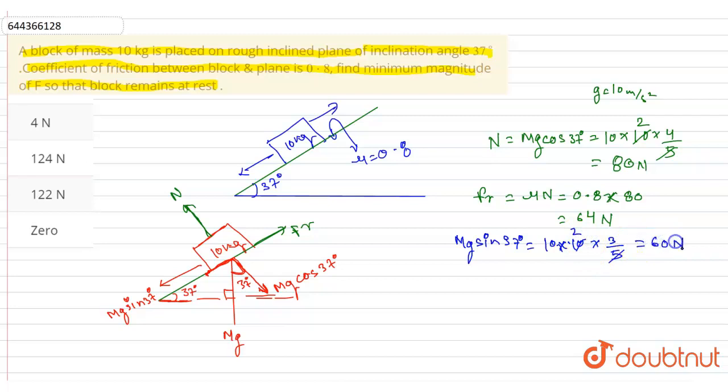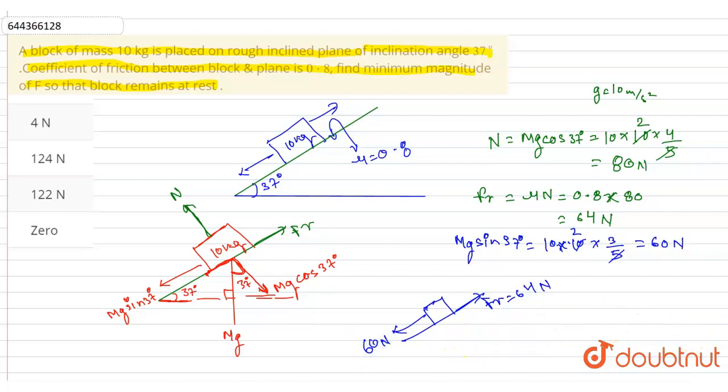So it will be equal to 60 Newton. Now you can see here, this is the block. In upward direction the friction force is acting, which is equal to 64 Newton, and in downward direction mg sin theta is acting, which is equal to 60 Newton.